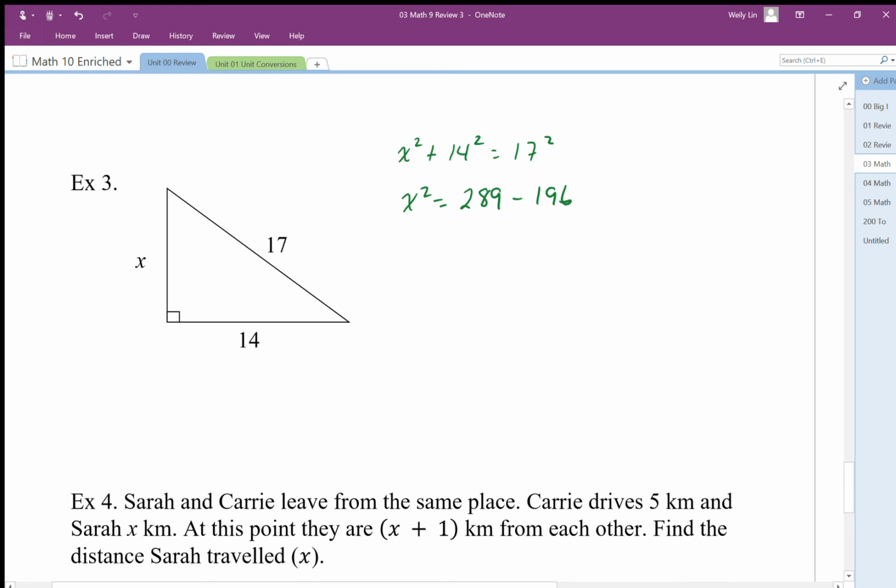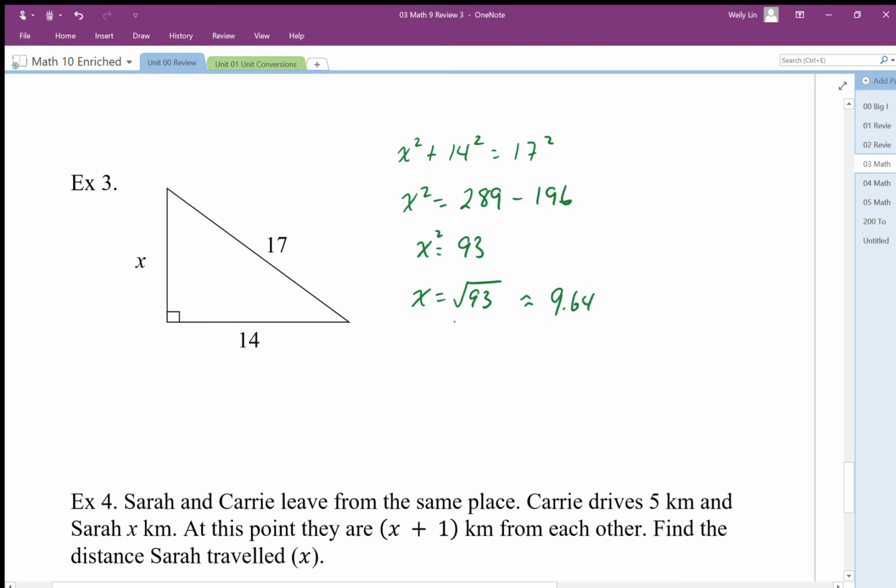Okay, so let's just double check those. Okay, so we end up with x squared equaling 93 squares. And then that makes x equal to the square root of 93. So the square area is 93, so this length ends up being square root 93, which is approximately 9.64.